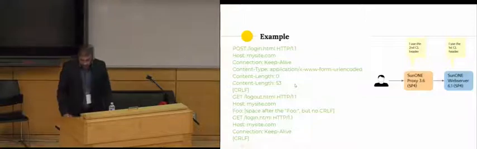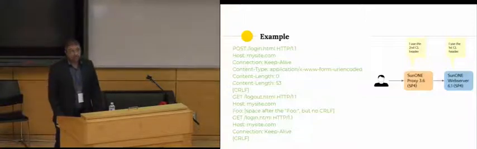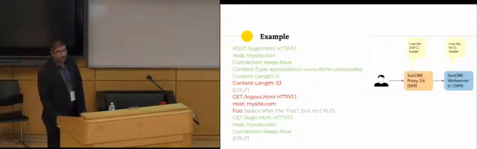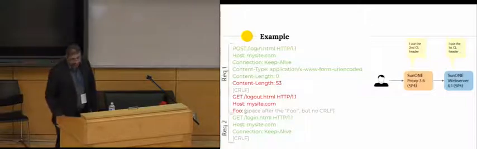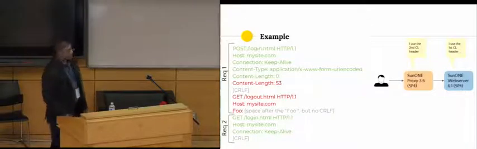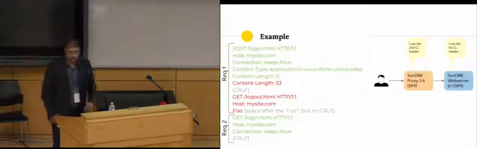Let's see how this message flows into the front end server, which is the Sun1 proxy, and then into the web server. The front end server, the proxy, which considers the second content length header, will think this is the end of message, which means that's request 1, and the remaining is request 2.